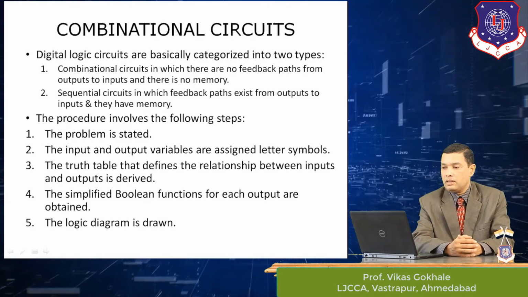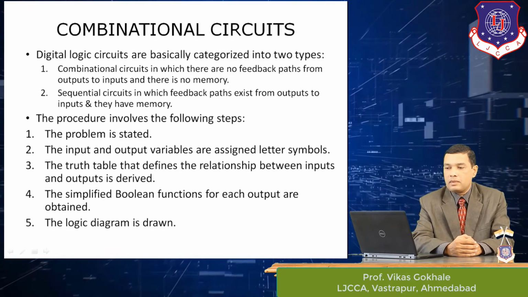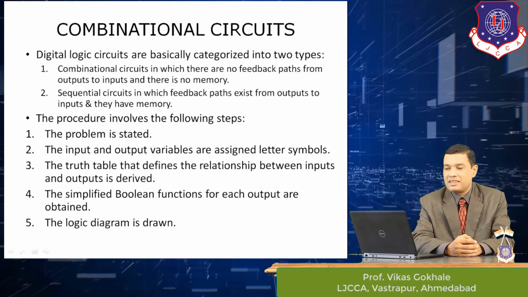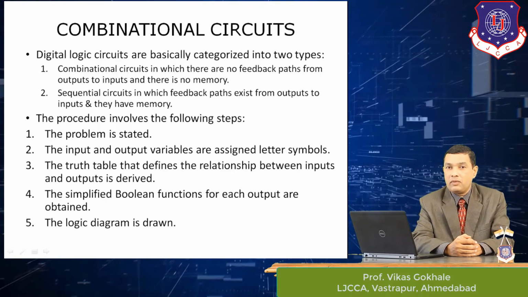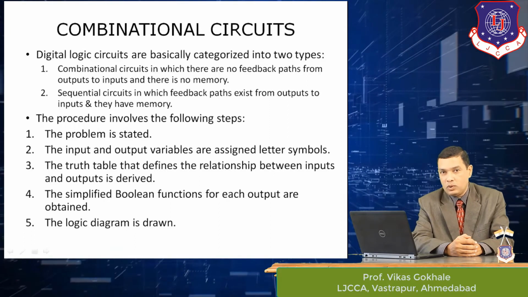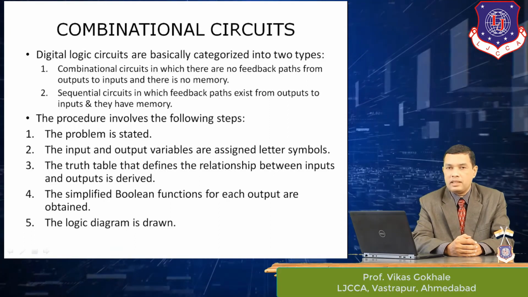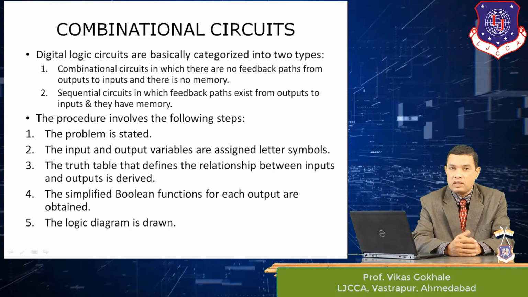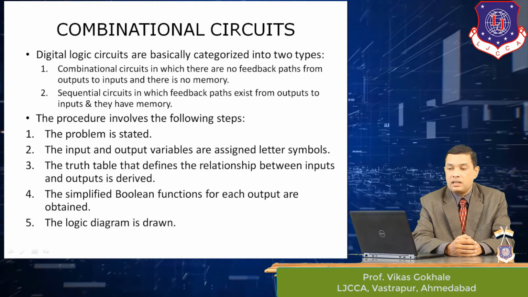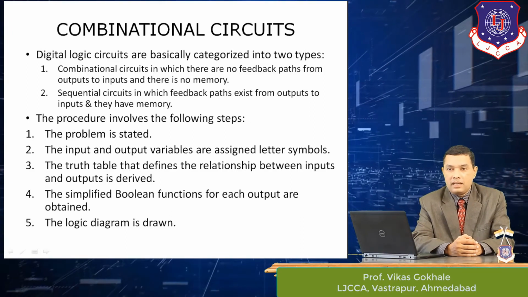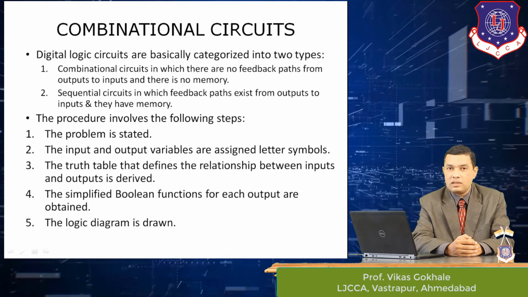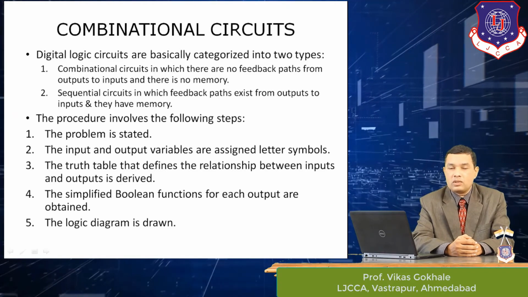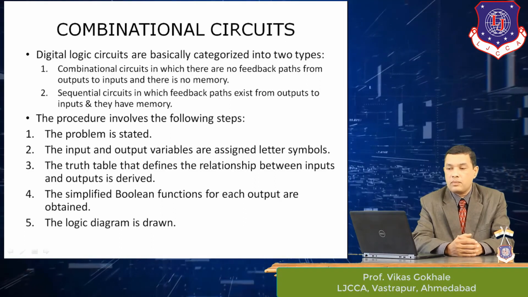When we talk about circuits, digital logic circuits are of two types. Combinational circuits don't have any feedback path from output back to the input, and there is no memory to store intermediate results. Sequential circuits have a feedback path from output to inputs, and they have memory also to store the intermediate results.